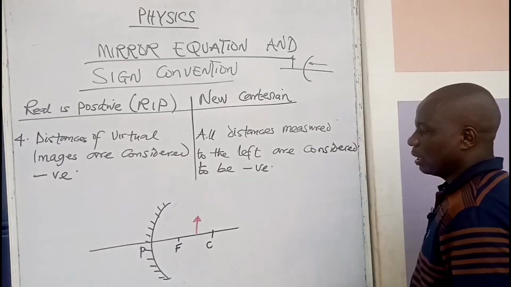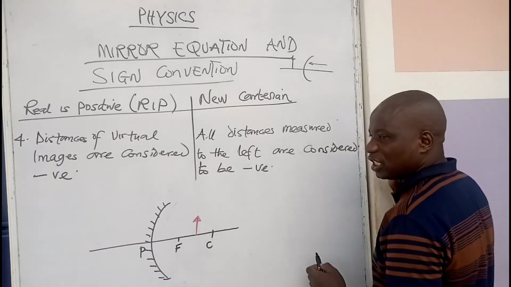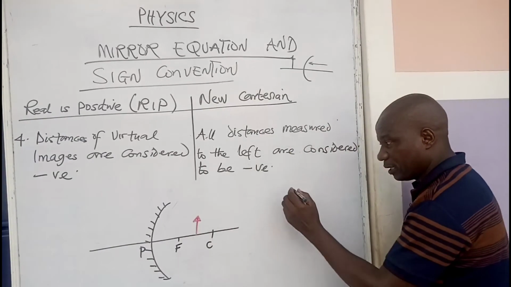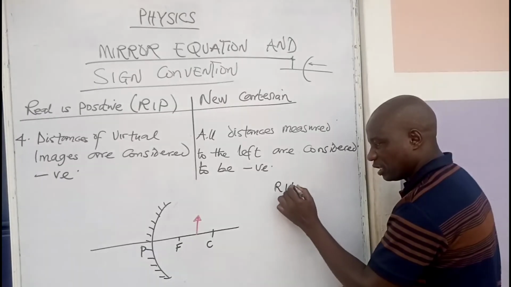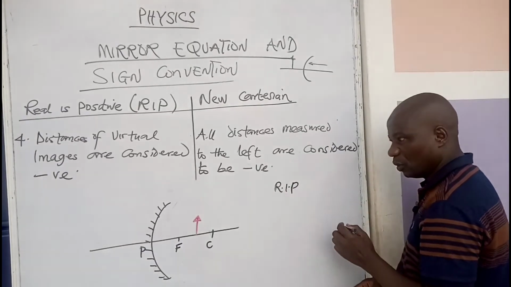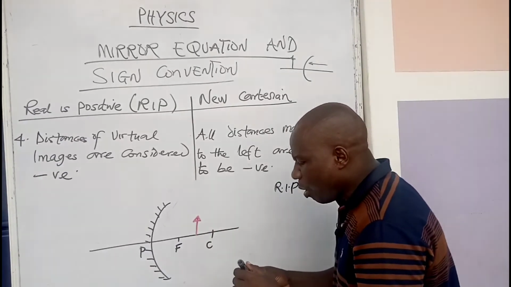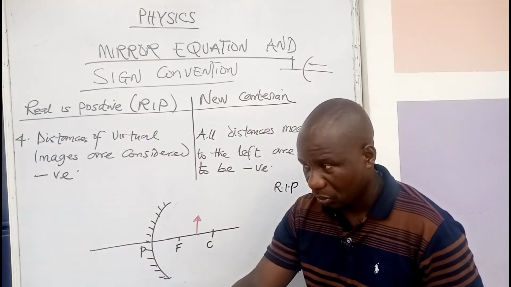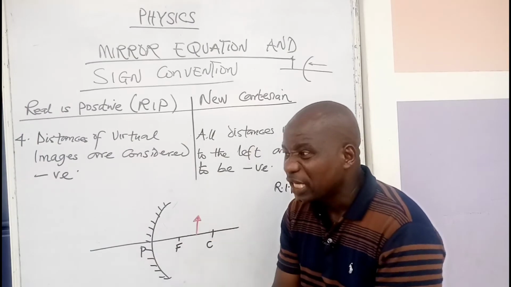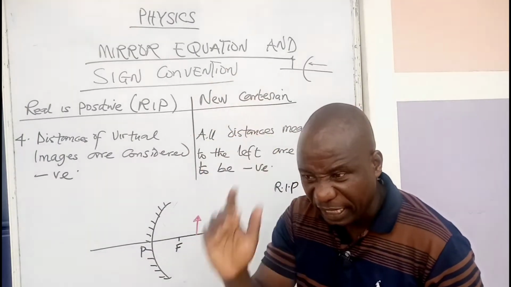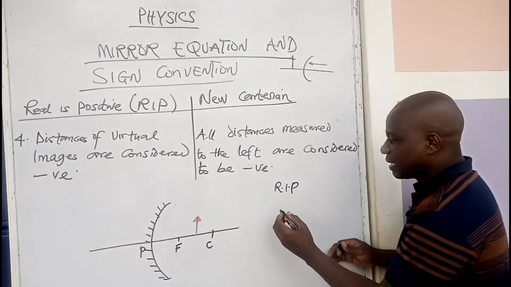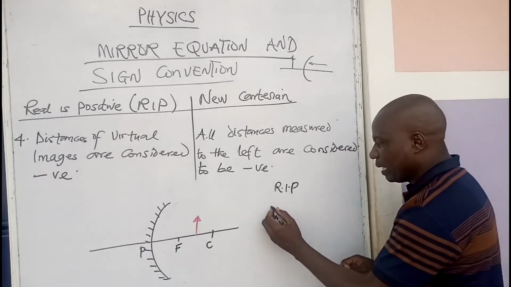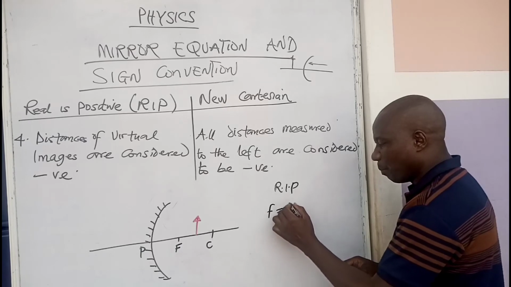Now, look at my object. My object is placed here. Remember the first one we said, let me take the first one, that is real is positive. We said, the moment you hear the word concave mirror, you don't need to be told, it now means that my F is going to be positive.